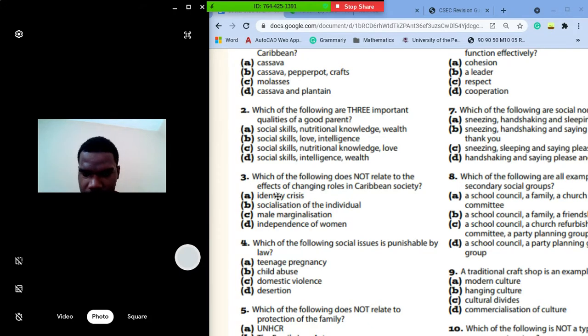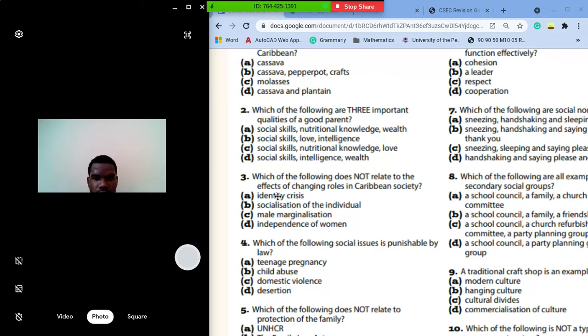Tristan? Yeah. Alright. Identity crisis, if someone's having an identity crisis, it means they question who they are. Alright? They are not sure what their place is in society.